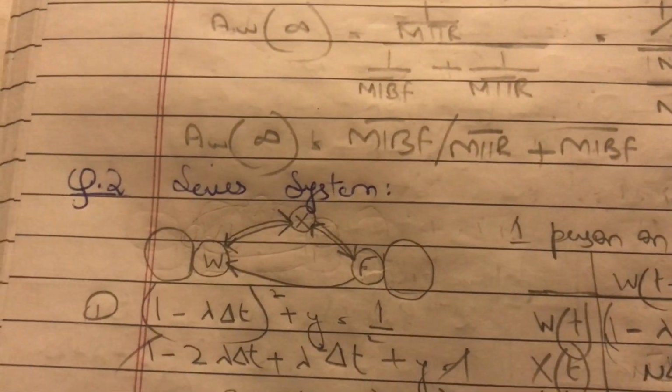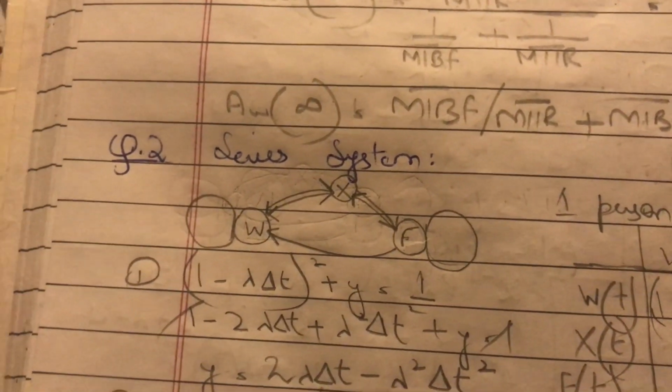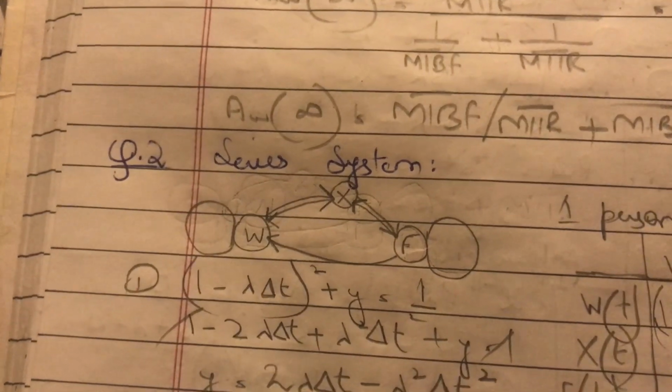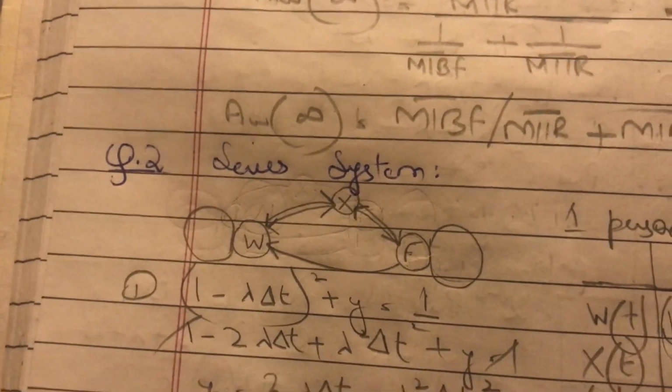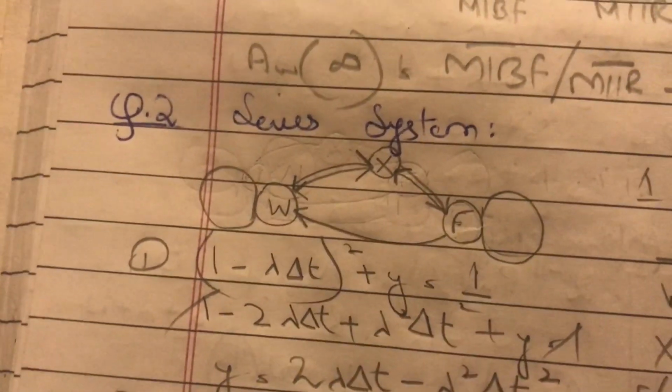Now we'll go into further detail on what happens when we have a series system, or when we have two components, two items working together in series. In this video I'm going to talk about the series system.